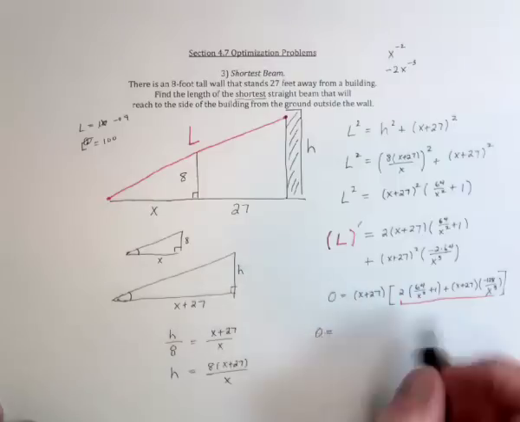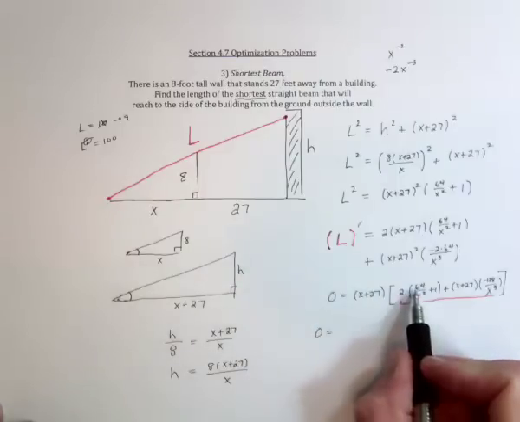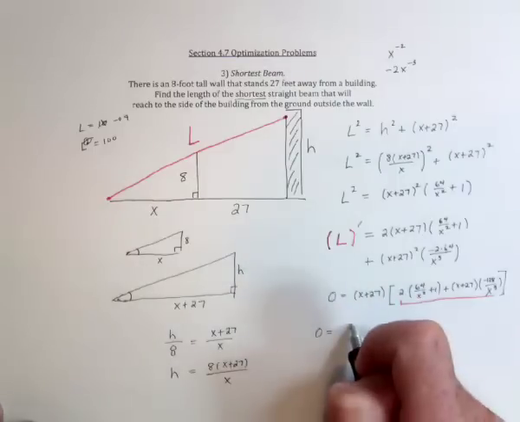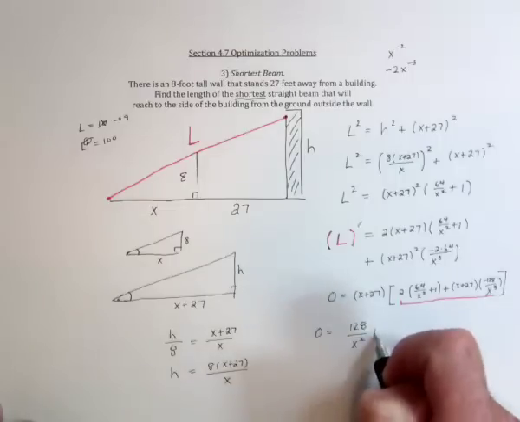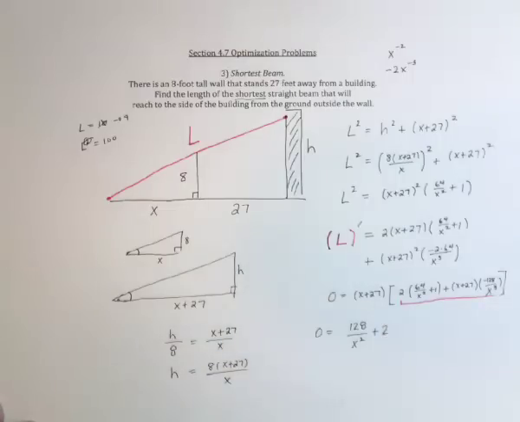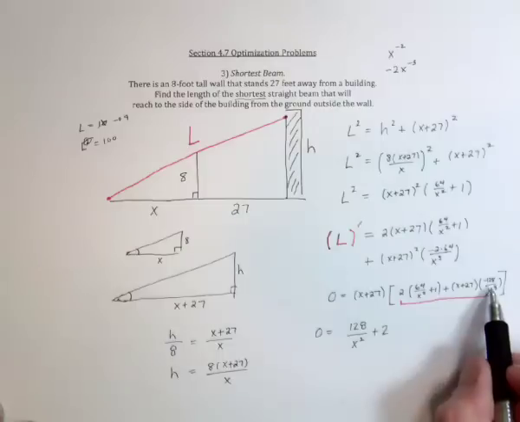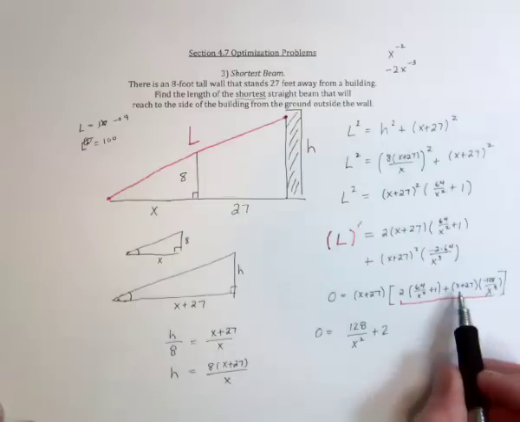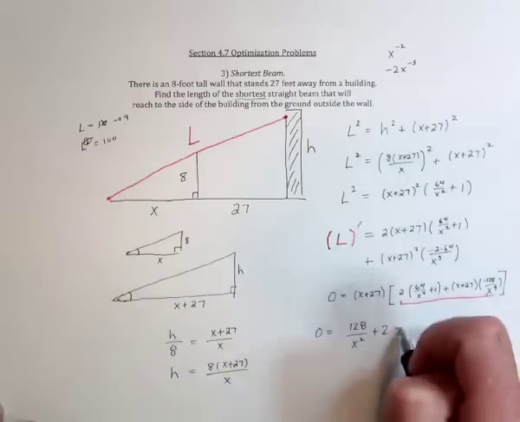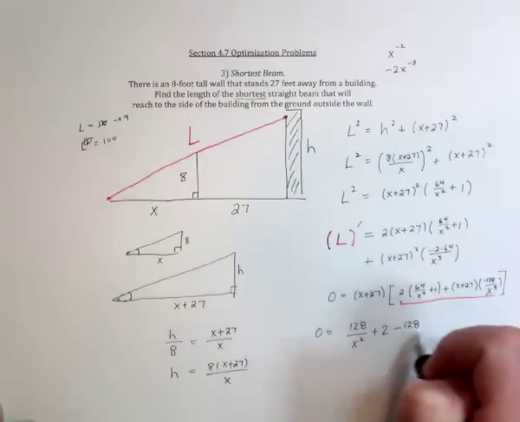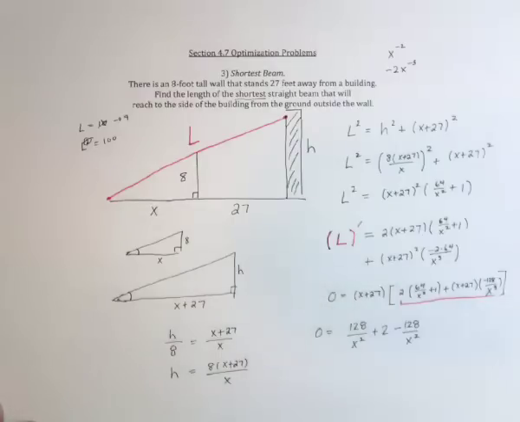So we'd have 0 equals 128 over x squared plus 2. And then this I should distribute, so negative 128 times an x, but over x cubed. So that reduces to be a negative 128 over x squared.